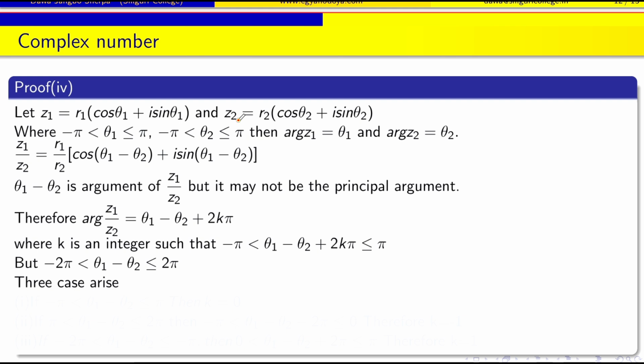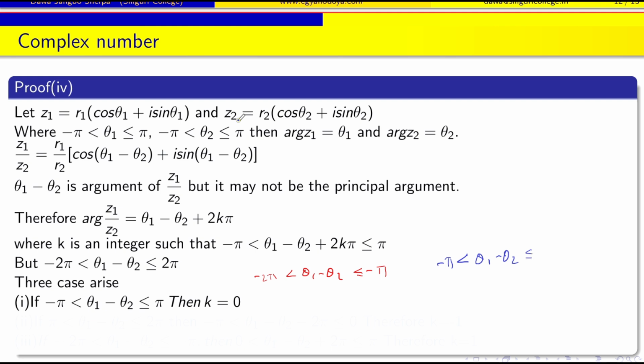So three cases arise. The first case is when theta 1 minus theta 2 lies between minus 2 pi and minus pi, with equality allowed at minus pi. The next case is minus pi less than theta 1 minus theta 2 less than or equal to pi.